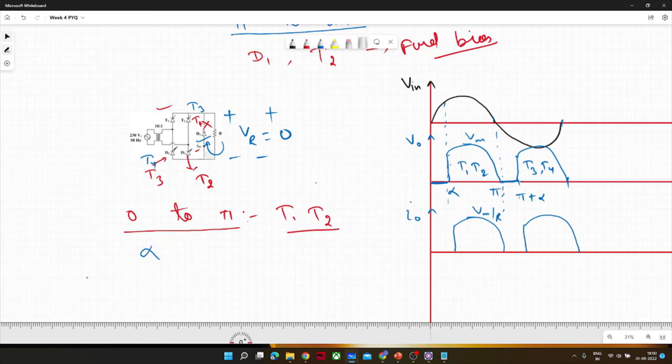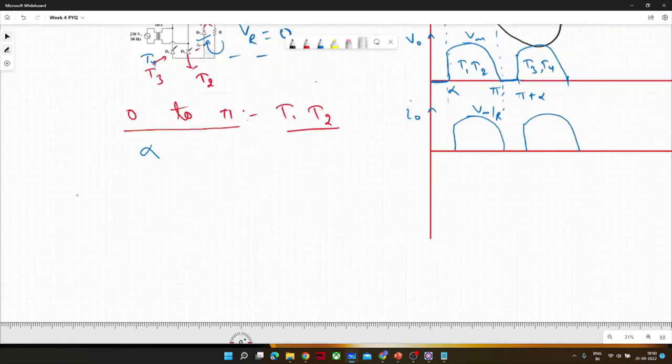So you can also derive V naught. Since it is repetitive after every pi period, from alpha to pi, Vm sine omega t d omega t.